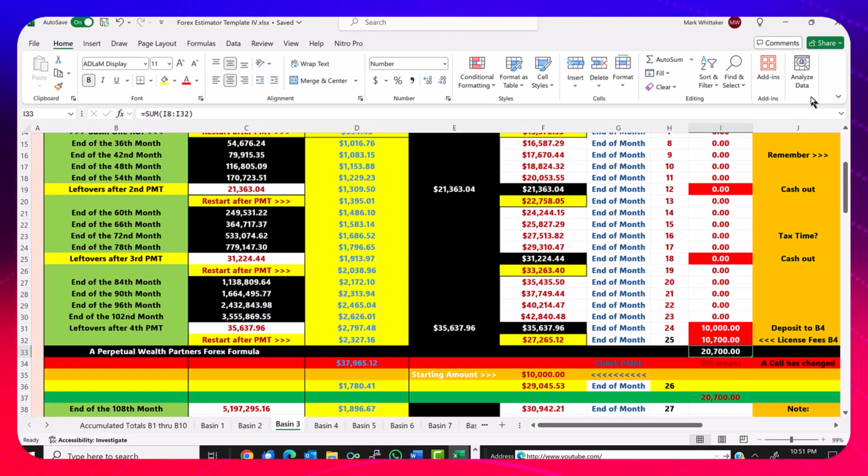Assuming you're going to deposit before April 15th the maximum amount, and move it to a self-directed IRA, a Roth IRA, which means that you won't be paying any tax on it after you're 59 and a half years old when you want to draw some out.